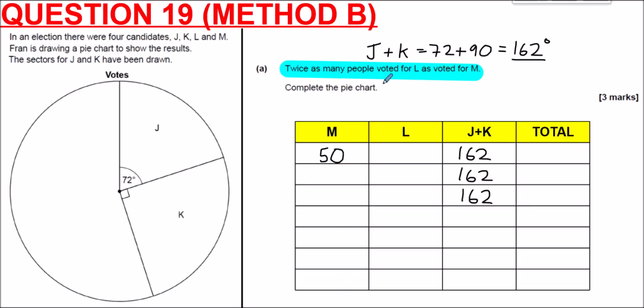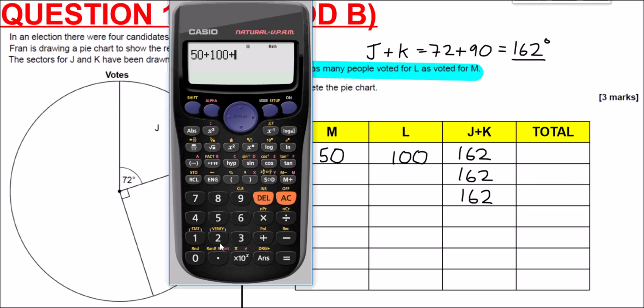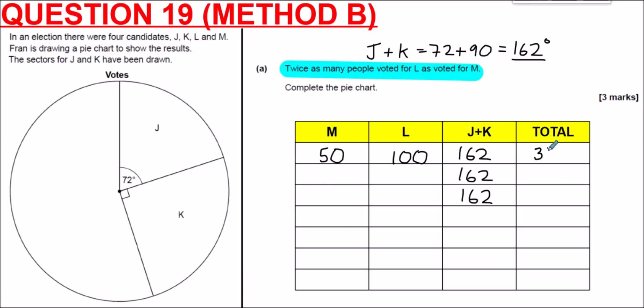If M was 50, L is always going to be twice as big. So multiply 50 by 2, that would be 100. If we add up these figures, do we get to 360, which we need to? 50 plus 100 plus 162 gives us 312. So obviously 50 was too small.